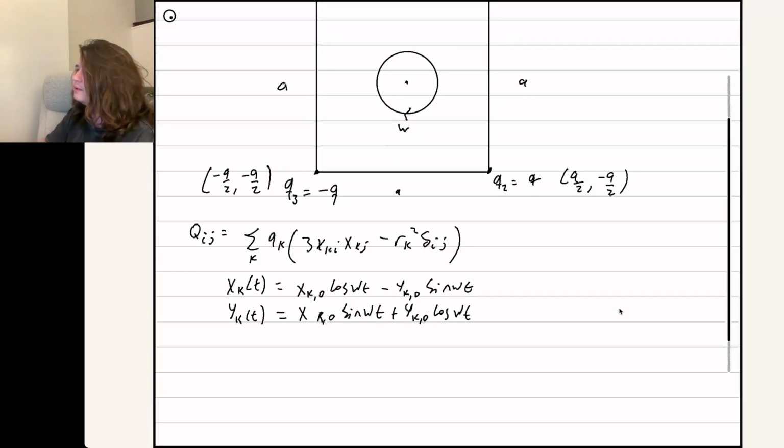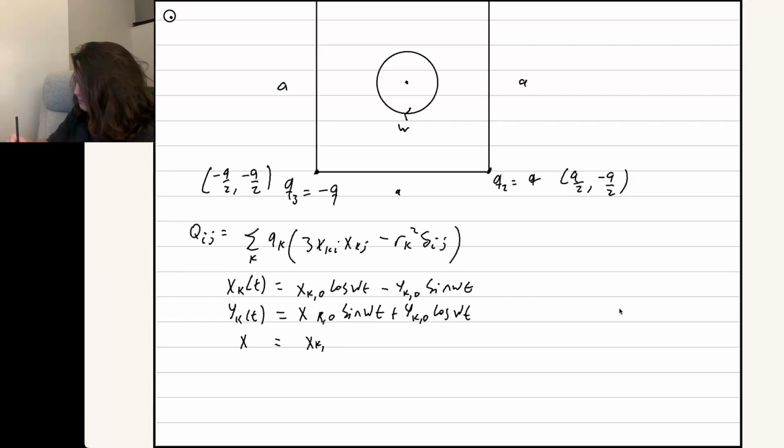So from this point forward, I'm going to stop writing omega t and instead write theta, because it's going to be different from the frequency of the propagation of the wave, which I want to denote omega.